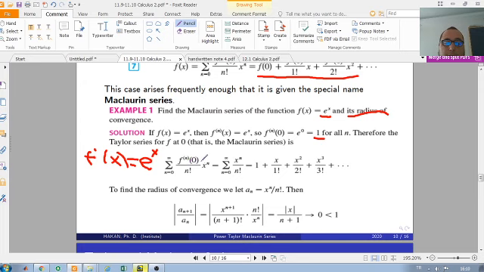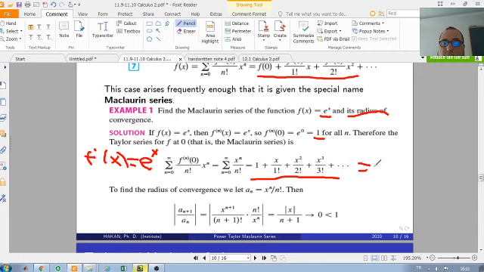So according to the formula for the Maclaurin series coefficient, the nth derivative of f at 0 will be 1. Namely, every coefficient will be 1 over n factorial. So if you write 1 for this, we get x to the power n over n factorial, and explicitly you can write the terms of this power series representation for exponential x.